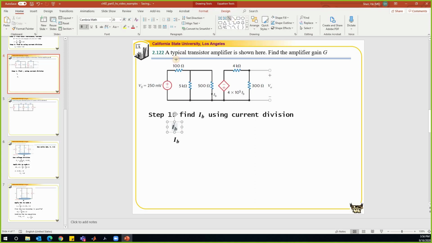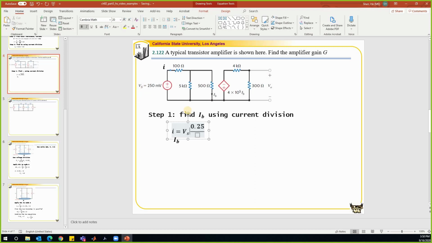Let's define the overall current as current I. And the total current I we can find by using Ohm's law, using the voltage applied divided by the total resistance. The voltage, that is 250 millivolts, so that is 0.25 volts.